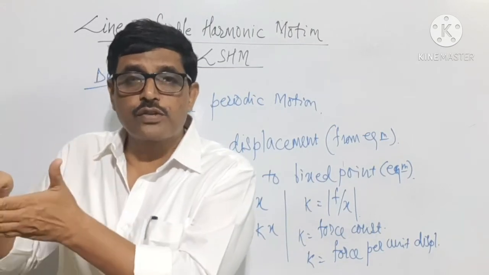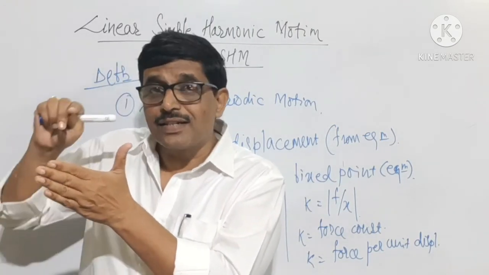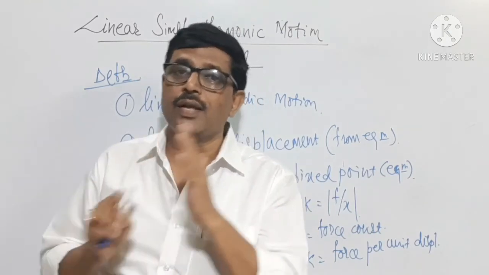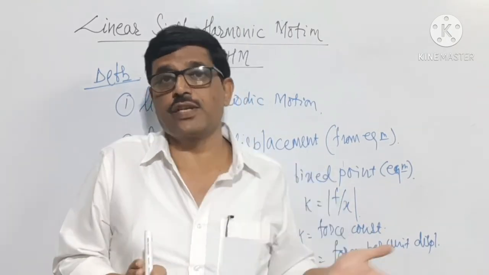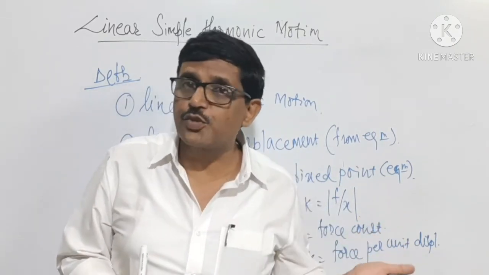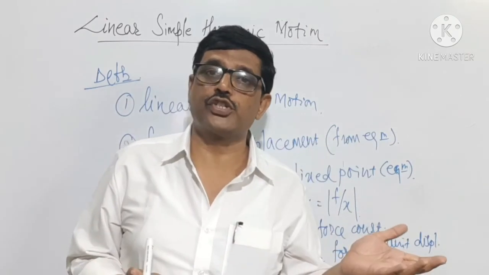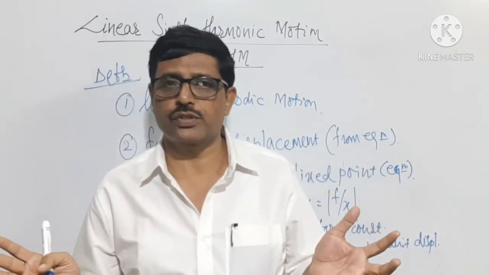In uniform circular motion, force has a constant magnitude. In linear simple harmonic motion, force has a changing magnitude. It is proportional to the displacement. As the displacement changes, the force changes. This is a very important difference between the two periodic motions.